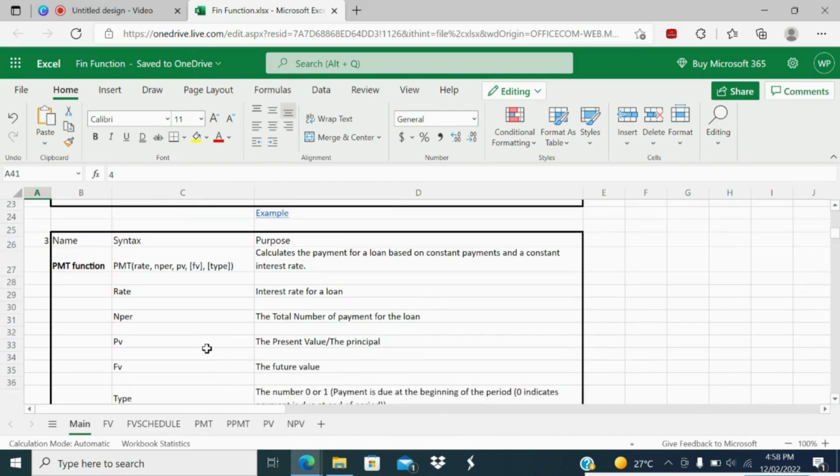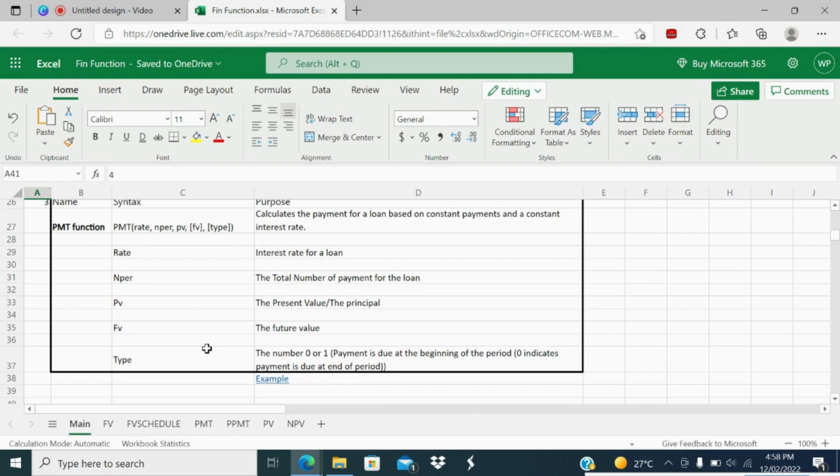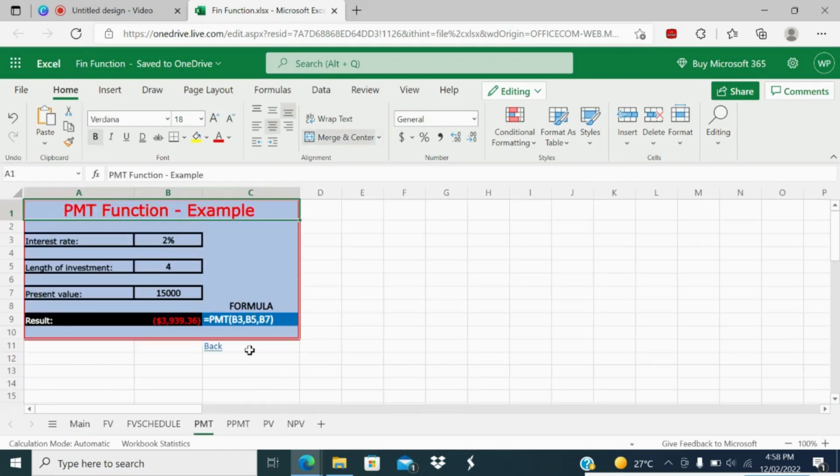So it will give the current payment, how much you have to pay, based on the interest rate. So let's see. My present value is 15,000, and I have interest of 2% and I want to invest 4 years.